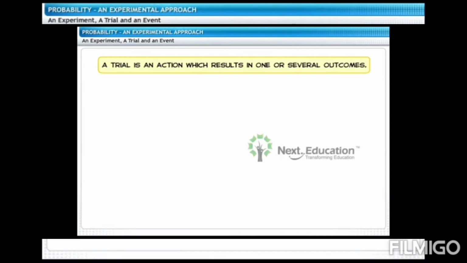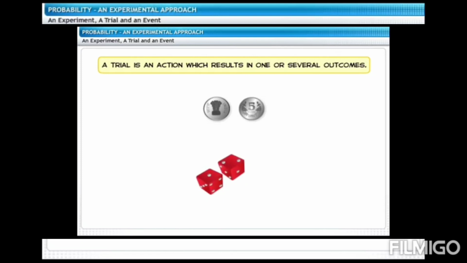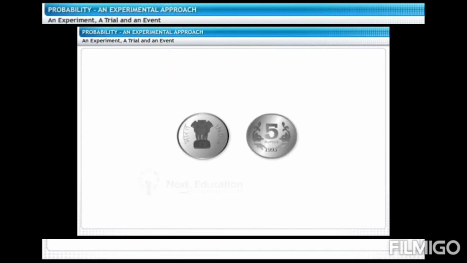The possible outcomes in the first experiment are heads and tails, whereas the possible outcomes in the second experiment are 1, 2, 3, 4, 5, and 6. In the first experiment, the occurrence of heads in a particular throw is an event with outcome heads.